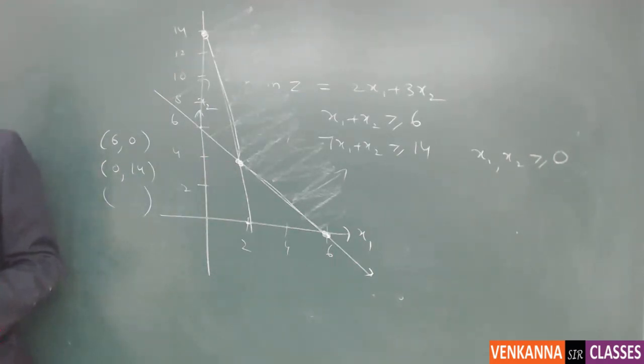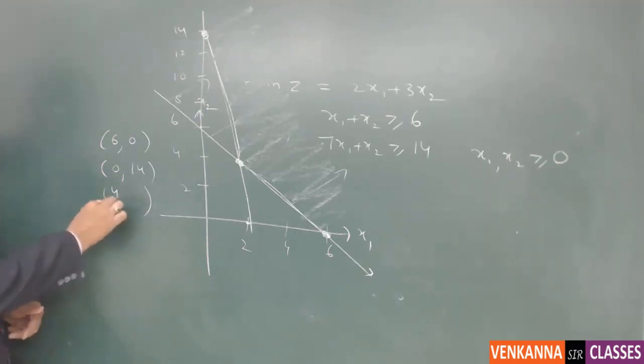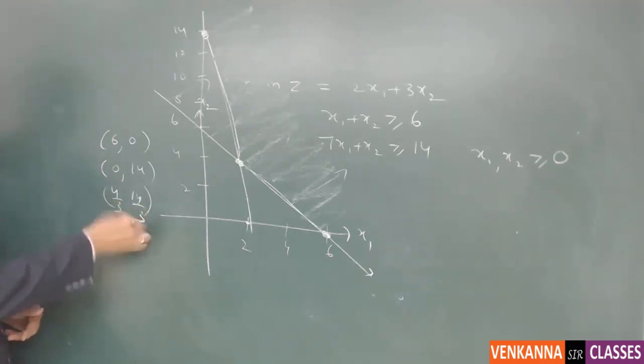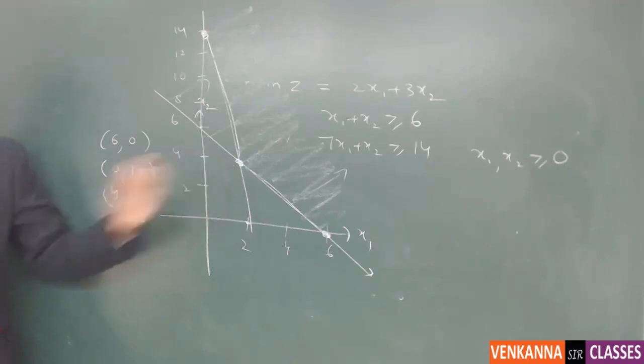What is that value? Can you say? Solving the two equations. Yes, 4 by 3 and 14 by 3. This is the intersection point.